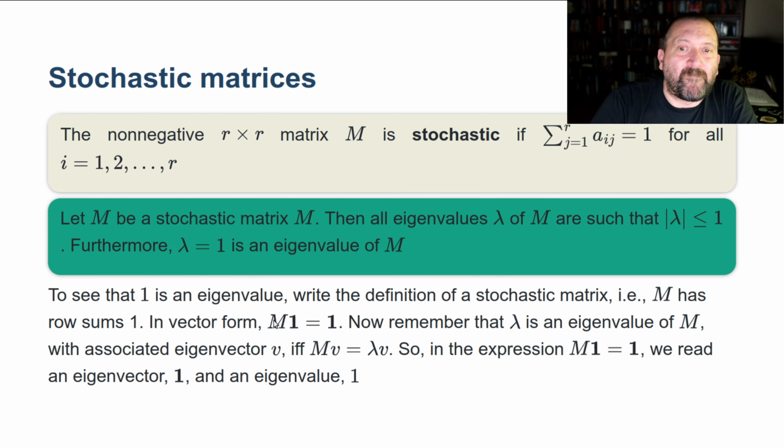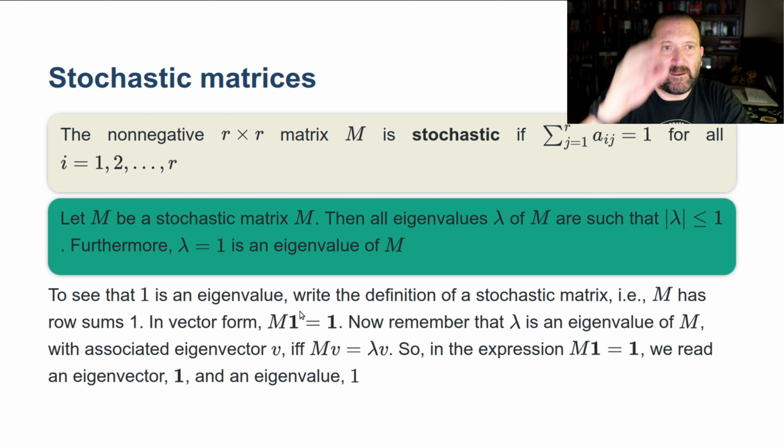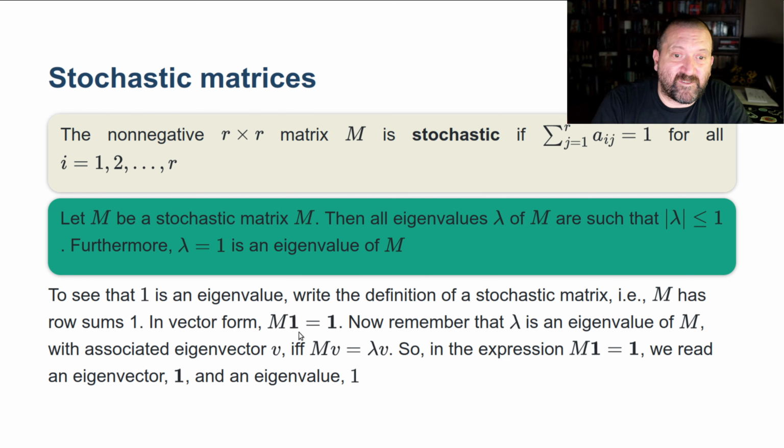If you write the fact that the row sums are 1 in matrix-vector form, you are multiplying the matrix M by a column vector of 1s. When you say that the right-hand side of these sums is equal to 1, that means that M times that vector of 1s is equal to the vector of 1s, which tells us that the number 1 is an eigenvalue associated to the eigenvector with all 1s.